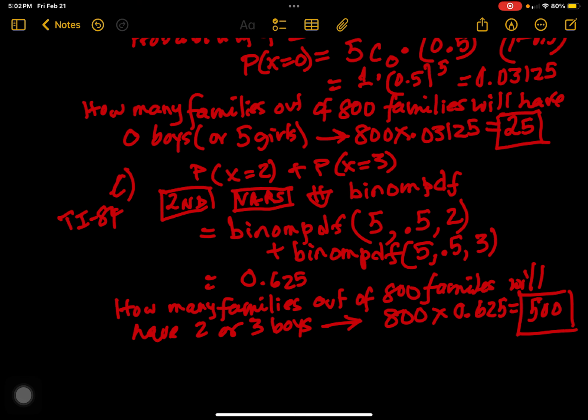Hence we did it in one step. Okay, binom PDF 5, 0.5, 2 plus binom PDF 5, 0.5, 3, and that is 0.625. What does it mean? For one family to have either 2 or 3 boys, it's 0.625 probability. So for 800 families, you multiply that by 0.625. That means 500 families out of 800 families will have 2 or 3 boys.